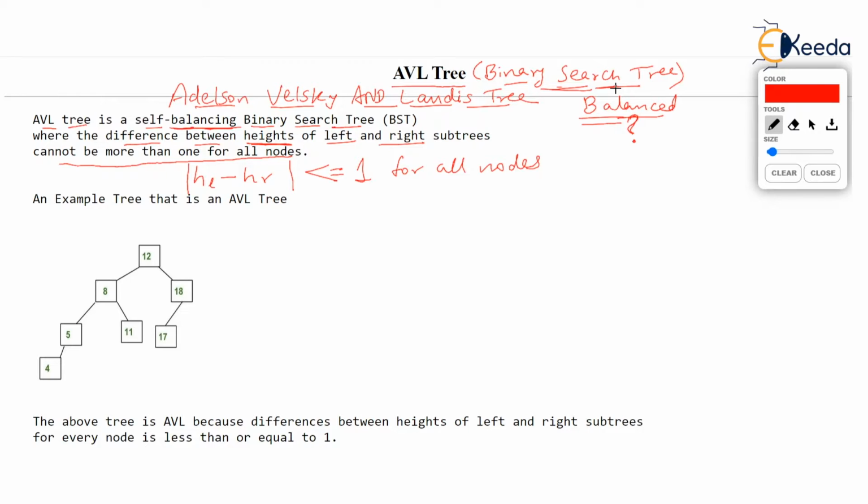Suppose I am having a binary search tree. This is the binary search tree I am having. Let's say the values are 10, 5.